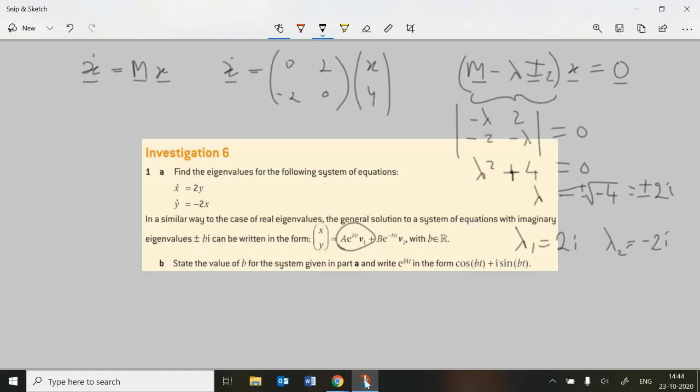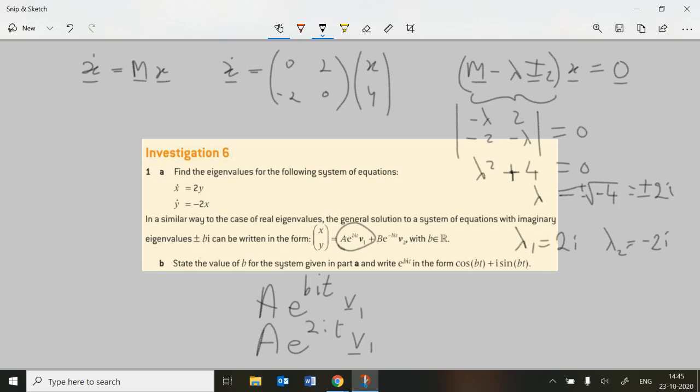So this bit here, a e to the b i t times v1, v1 being the eigenvector associated with this eigenvalue, and I've made this one positive, and then this one is negative, so this one says minus bit. For us, when it says state the value of b, it's just 2 here. So we'll change this into a e to the 2it multiplied by the eigenvector.